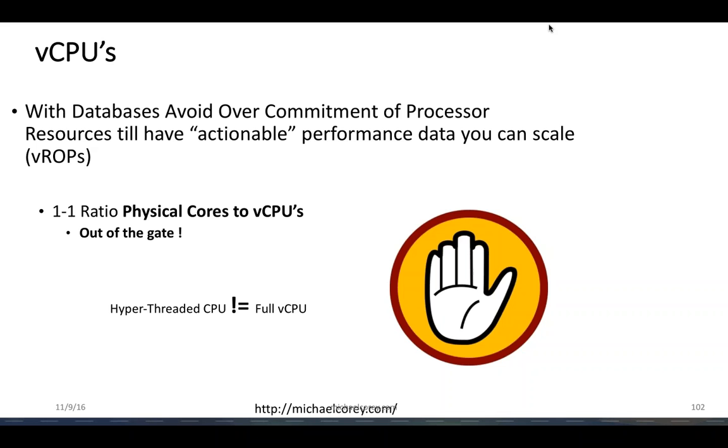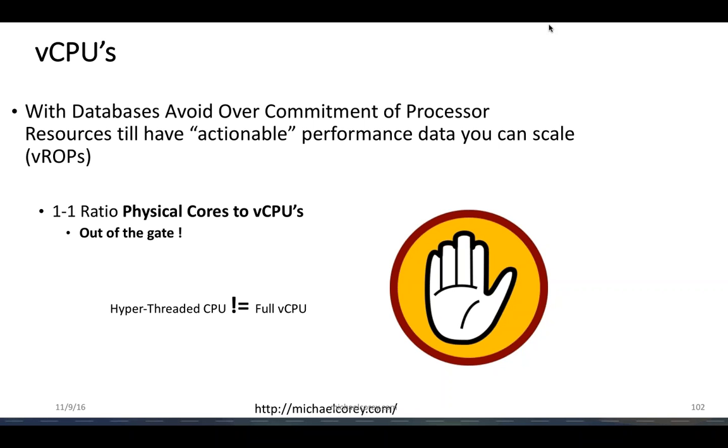If you use hyperthreading and you turn it on, I must have taken out the slide, then you should say that every 5 physical cores that are hyperthreaded, you get a 20% uplift, you get 6 virtual CPUs. So in a hyper-threaded environment, 5 physical cores equals 6 virtual CPUs, and that's a very conservative number coming out of the gate. And that would be a very safe number.